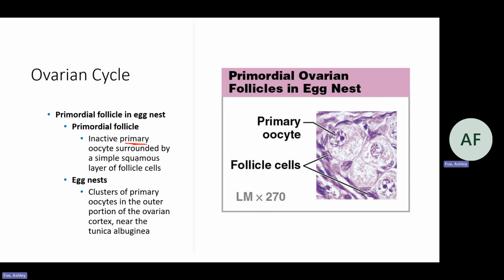It's usually just a layer of simple squamous cells. We have clusters called egg nests in the ovary, which are clusters of primary oocytes in the cortex near our tunica albuginea.